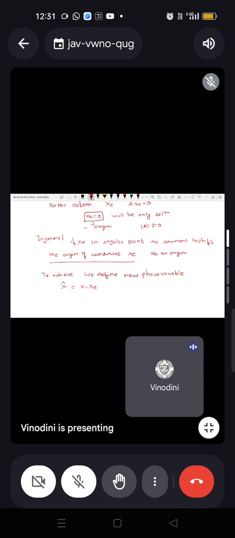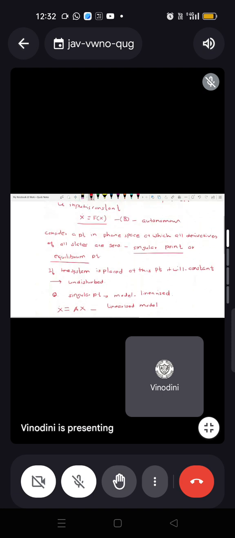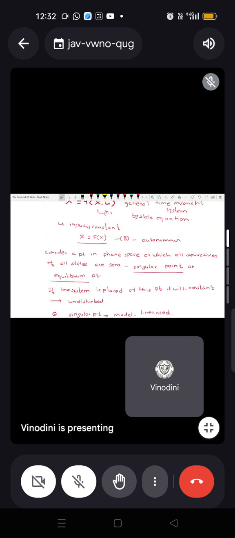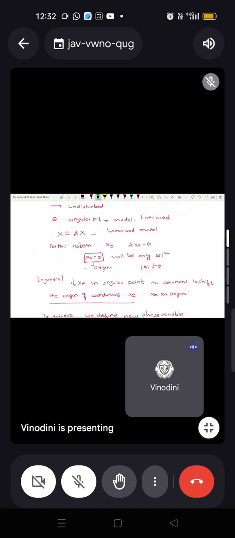That will be the new phase variable. The system of equation B, this is the autonomous system, X dot is equal to f of x.